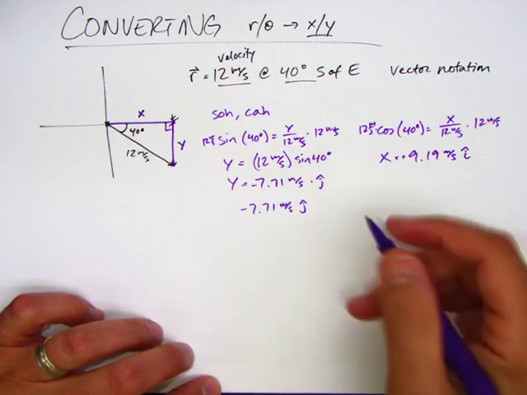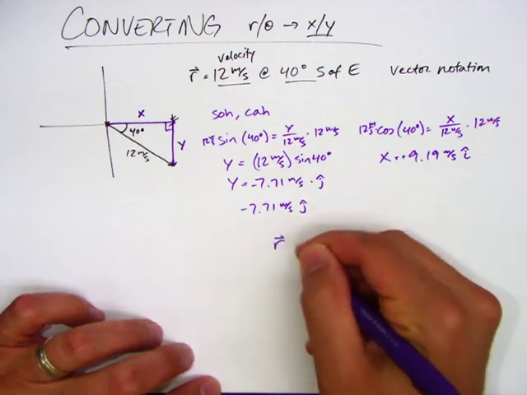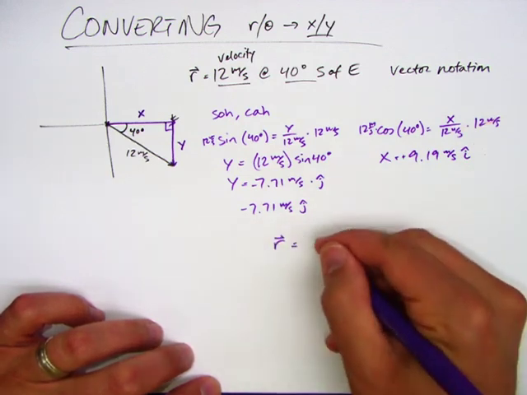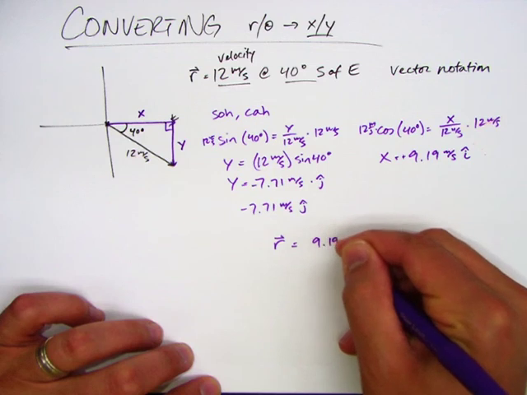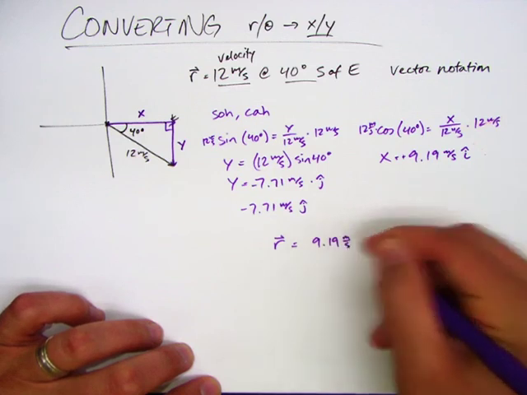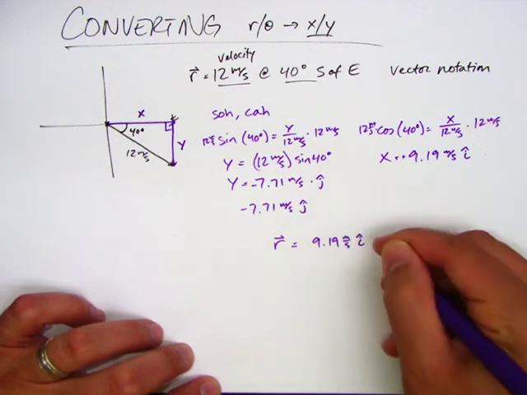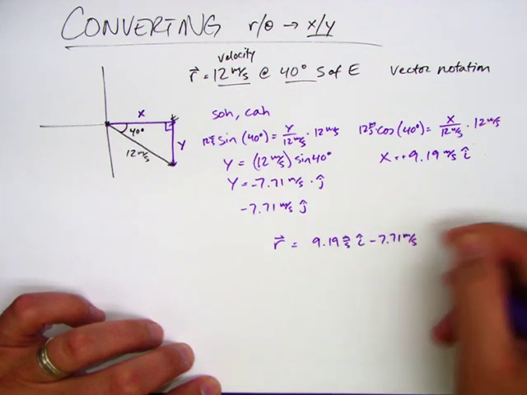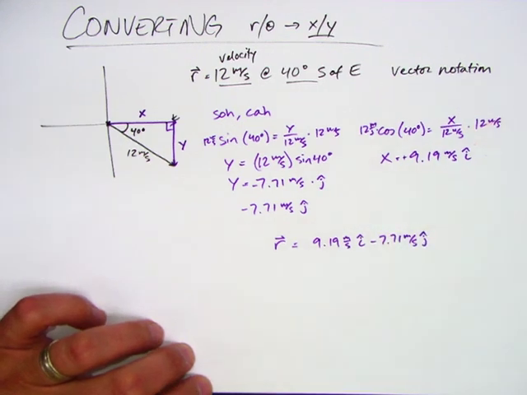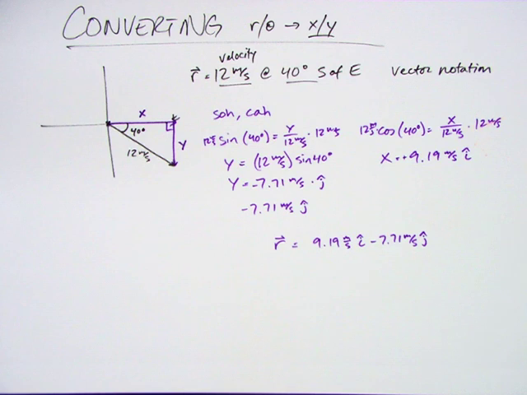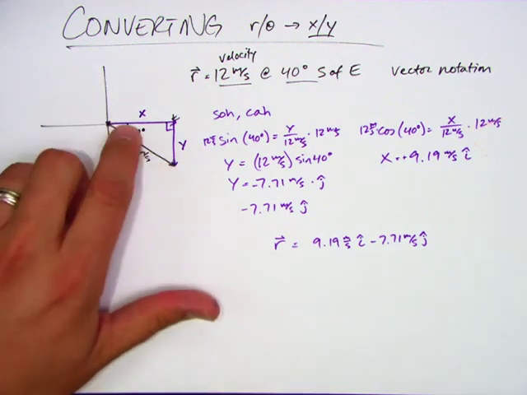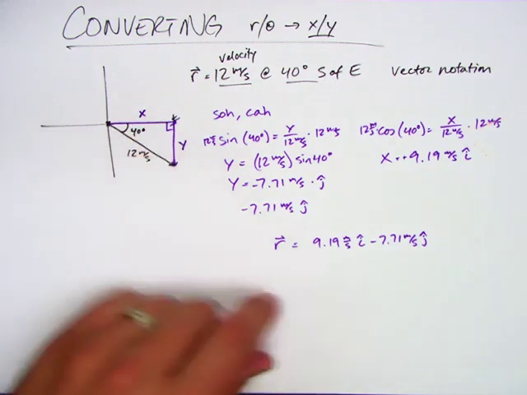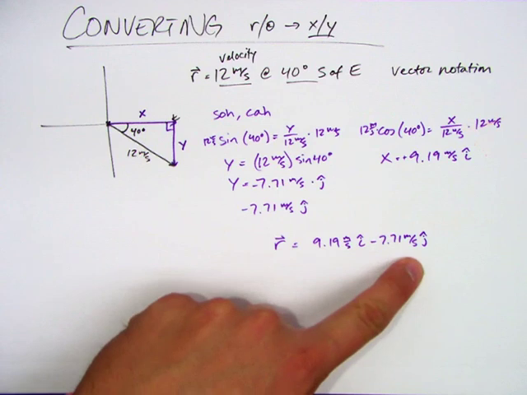So I can say my vector r in vector notation is 9.19 meters per second in the i minus 7.71 meters per second in the j. And that's how we go from magnitude and direction to vector notation with my i component and my j component.